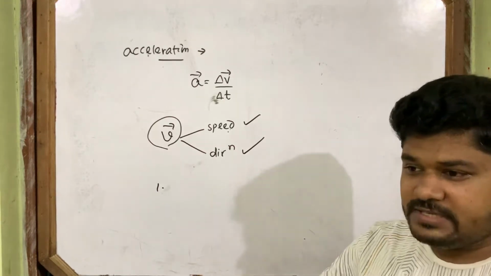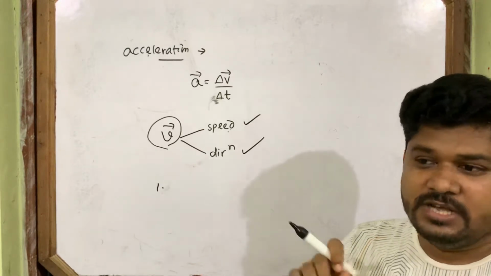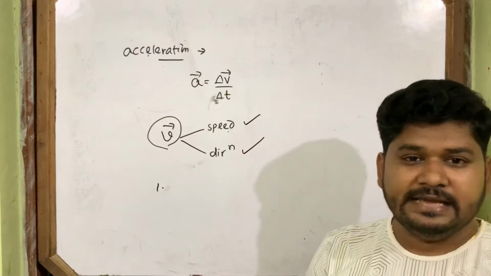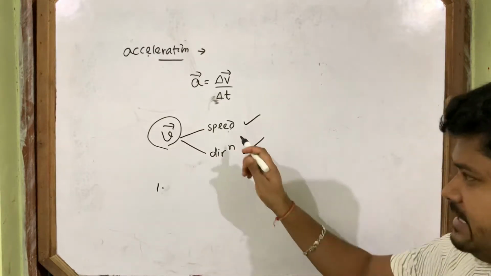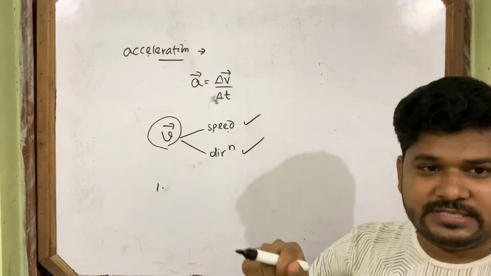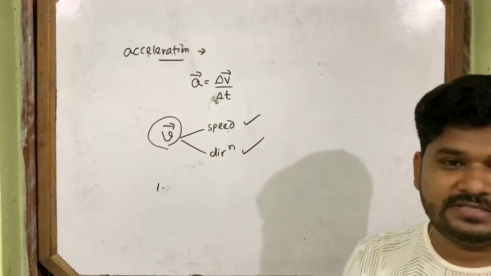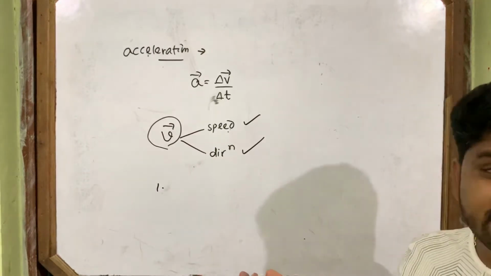In a particular direction, at least for some distance, you turn the accelerator. What happens to the speed? It increases. Initially when you start and turn the accelerator, speed increases, but you keep the direction constant for some distance. There also acceleration comes.